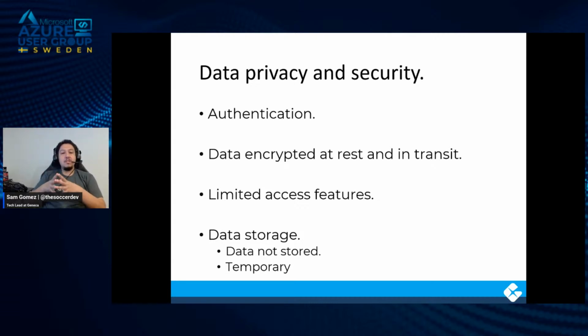For example, the image analysis is a completely asynchronous operation, so the results might be stored temporarily until you retrieve them. I believe they're stored for like 24 hours in case you don't retrieve them immediately, but then they're deleted afterwards.